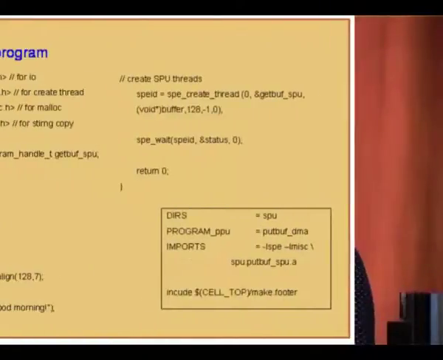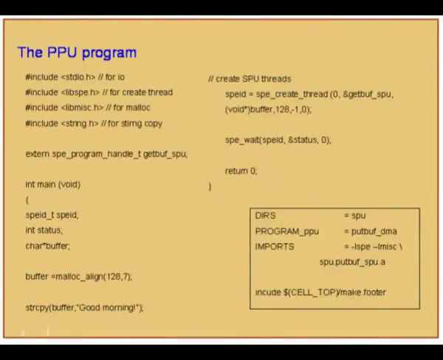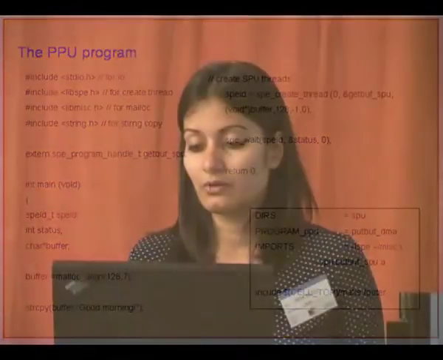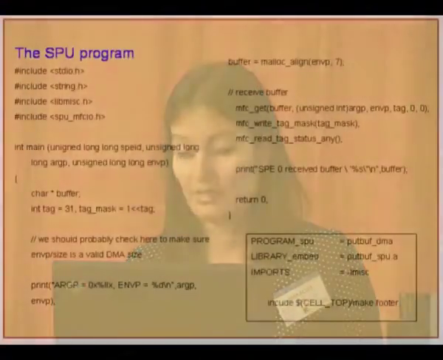So the 7 is an argument which is log 2 of the input data. In this buffer, we're writing the data, good morning, and then creating the thread. In this case, we have not created the thread under a group, so the first parameter is a 0. And then getBuff_SPU is the program handle for the SPU program. And we'll be seeing that right now.